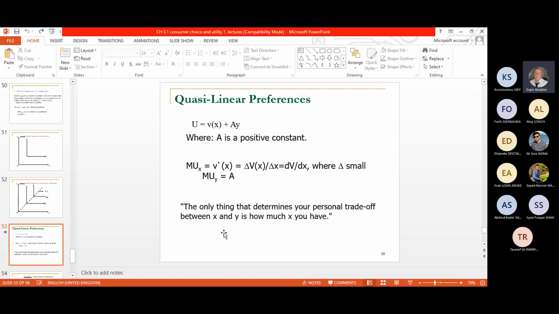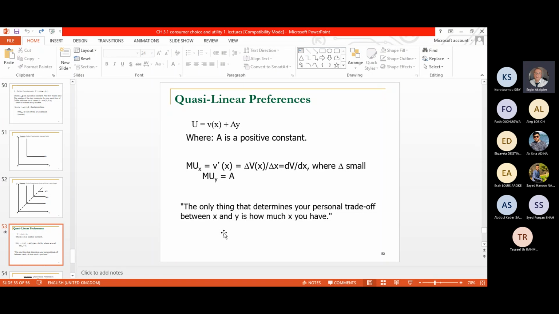The marginal utility of x is delta v over delta x, where delta is small, and the marginal utility of y is a, because y to the power 1 minus 1 is 0. Here x is not defined and v is also not given; we don't know what v is. Therefore, the differentiation gives delta v over delta x, but for y it is only a.